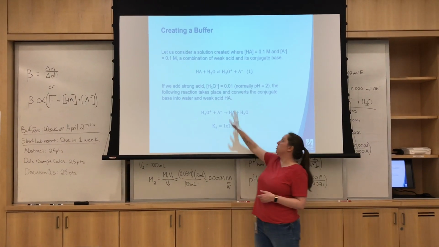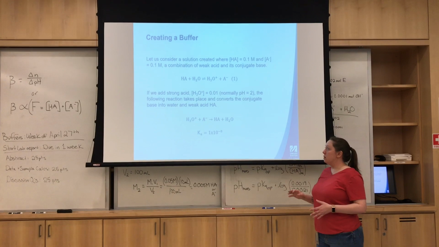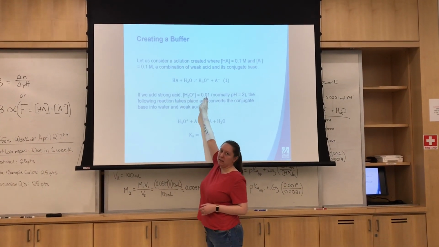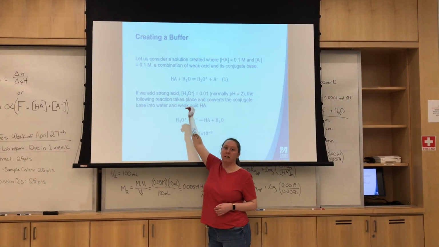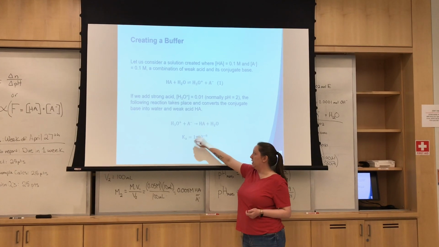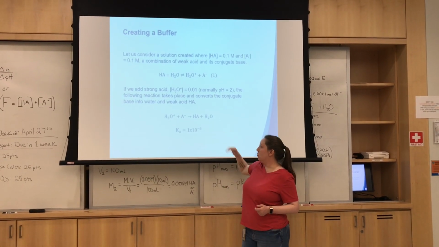This is a reversible reaction. So when we add H3O plus, we're going to be adding it on this side. So we are going to be doing the reverse reaction. So the reverse reaction is written here. H3O plus and A minus gives you HA and water.